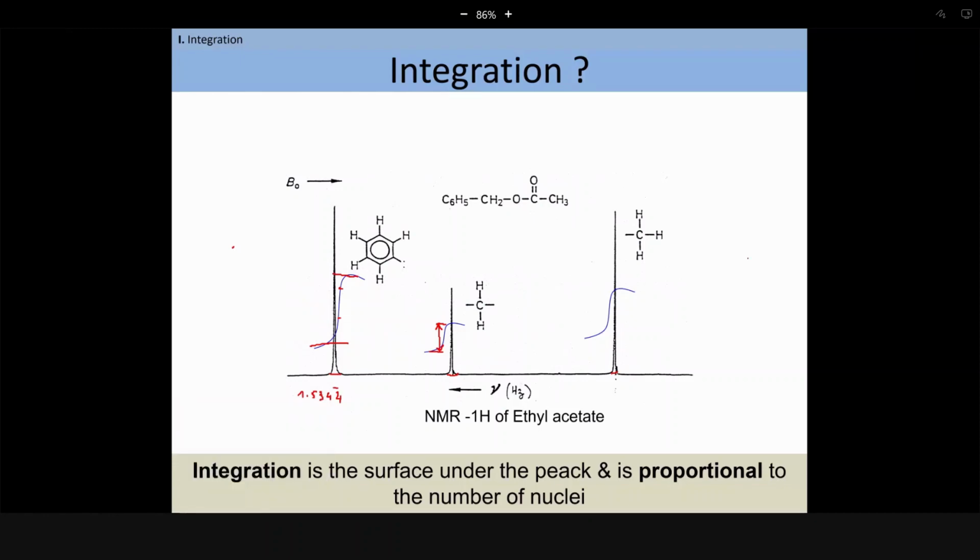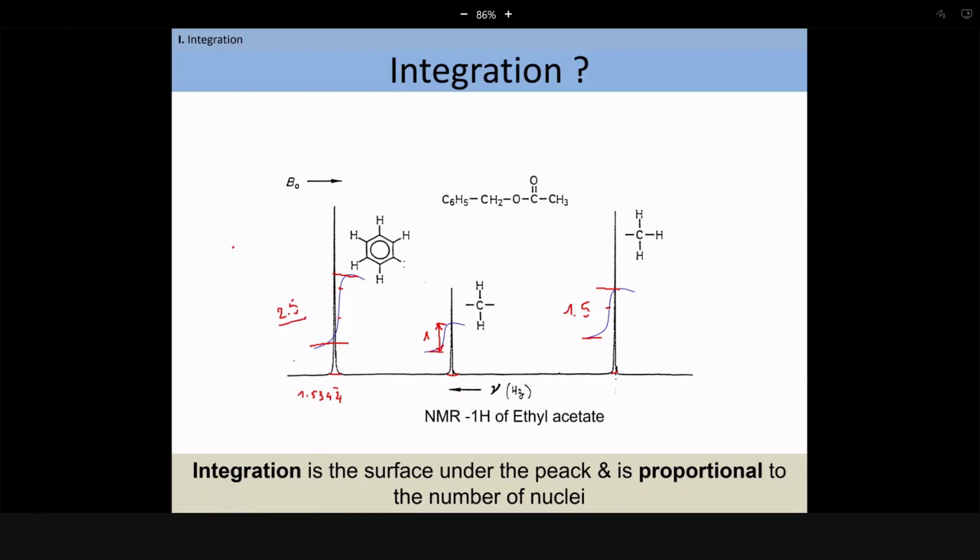If we say here it's 1, and if we make the same here, we will see that it's approximately 1.5. How can I interpret this? That means that if I say that this height corresponds to 1 proton, then I should have 1.5 protons on the left and 2.5 protons in the aromatic ring.